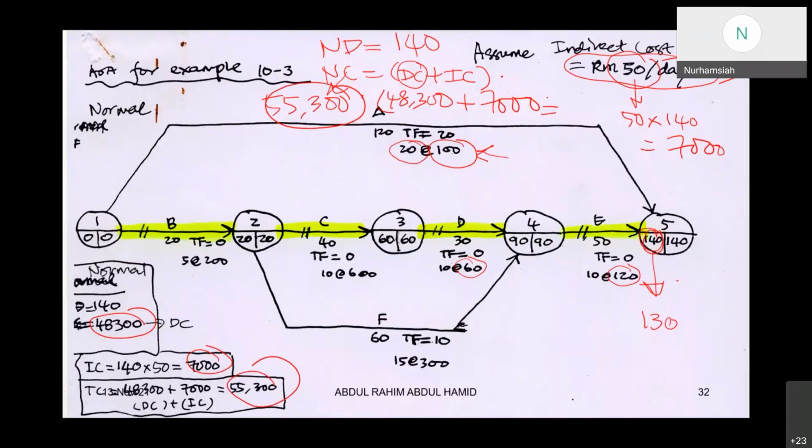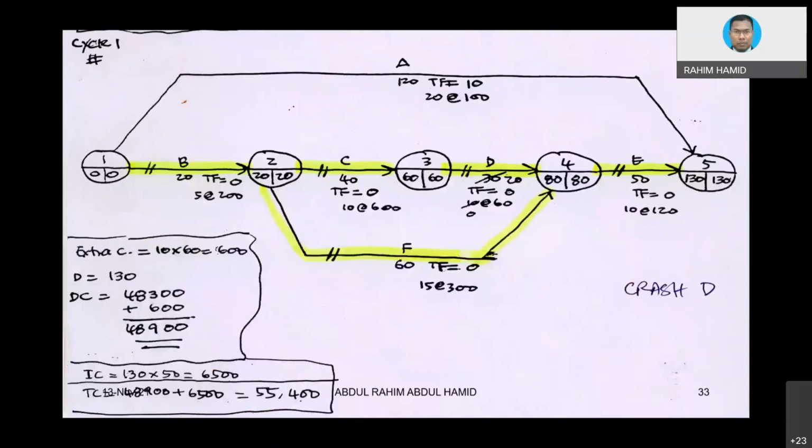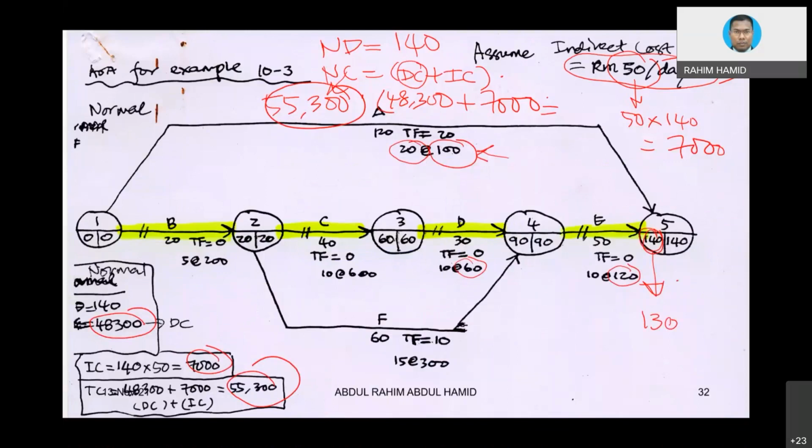All right. Now, let's say in the next cycle we just want to reduce by 10 days. So the question is, which activity are we going to compress?